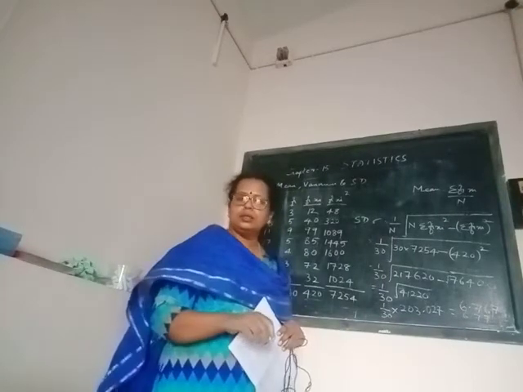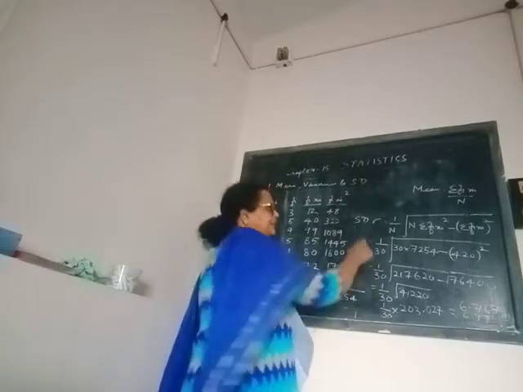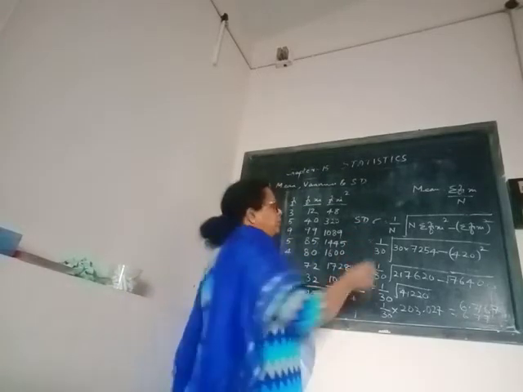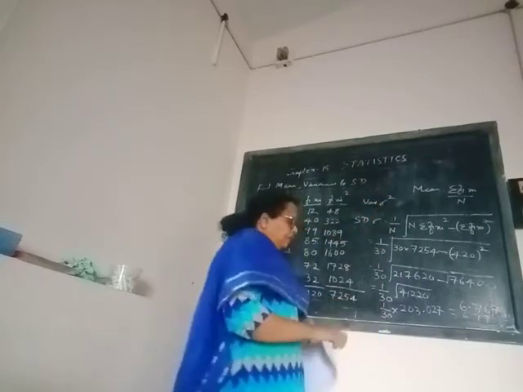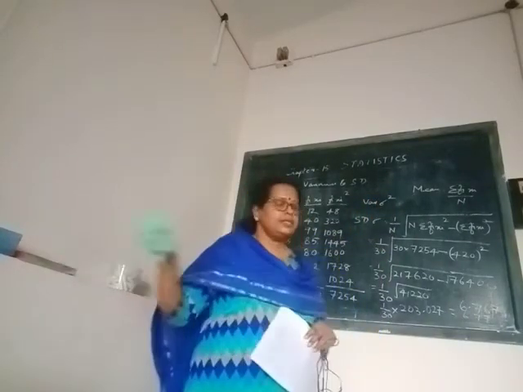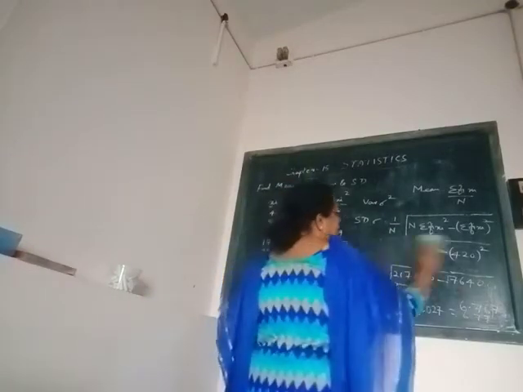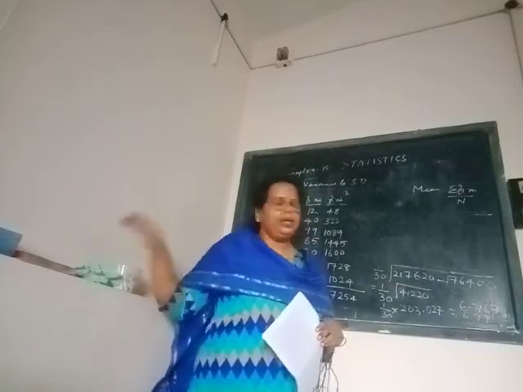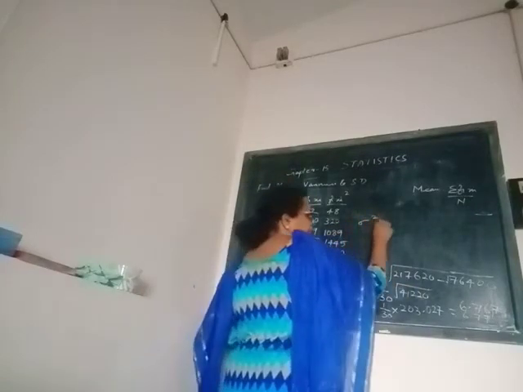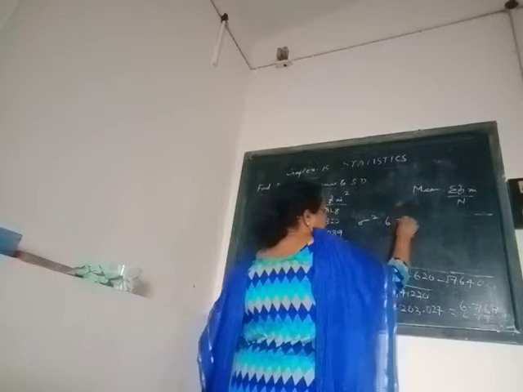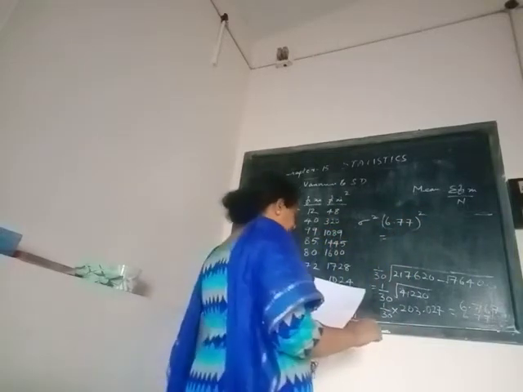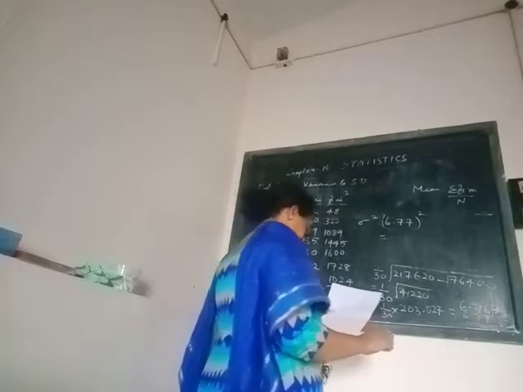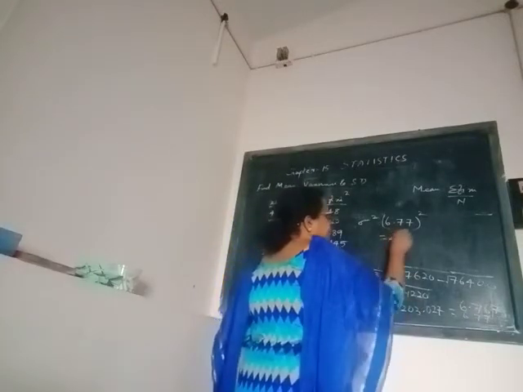Now variance is also asked. How to find variance? Variance is standard deviation squared. So variance is sigma squared. We got sigma as 6.77. So what is variance? Sigma squared equals 6.77 whole squared. Then we will get it as 45.8.